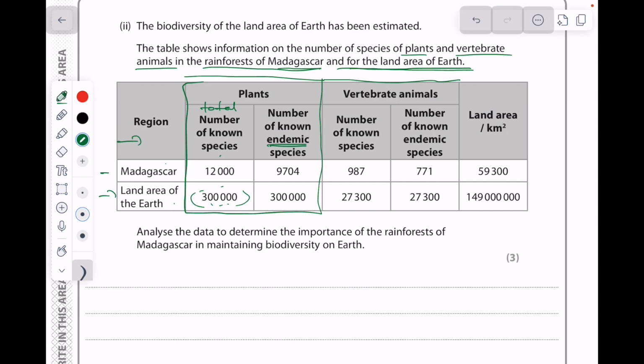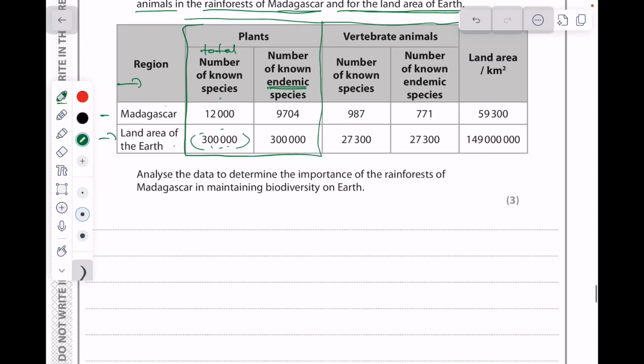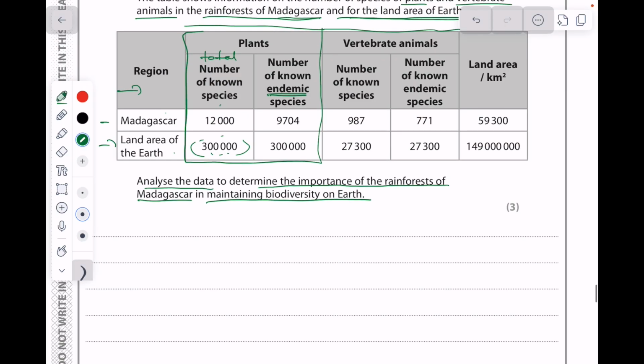Alright, fine. Let's just see what they want. This is weird. Analyze the data to determine the importance of the rainforest of Madagascar in maintaining the biodiversity on Earth.